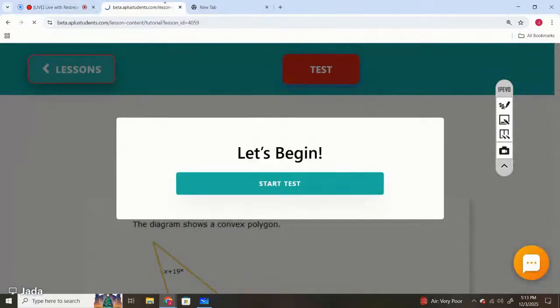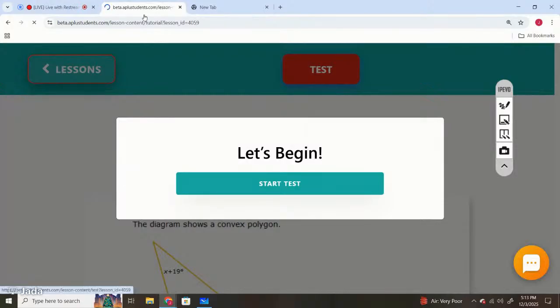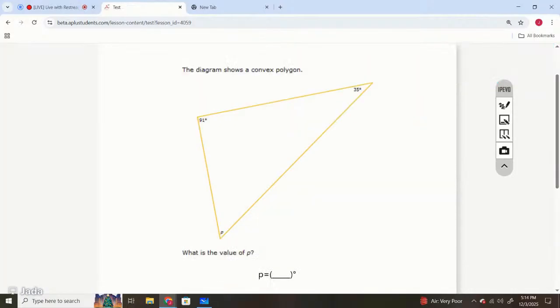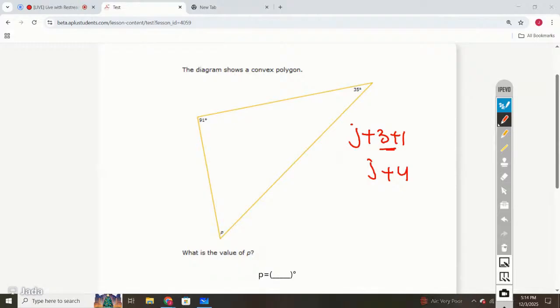Okay, let's just start with the test questions. The diagram shows a convex polygon. What is P? The sum of all the angles in a triangle must equal 180 degrees. So P plus 91 plus 35 is equal to 180. 91 plus 35 is 126.